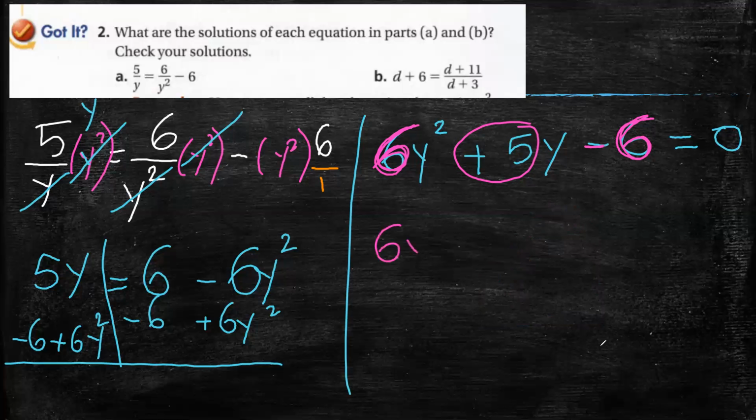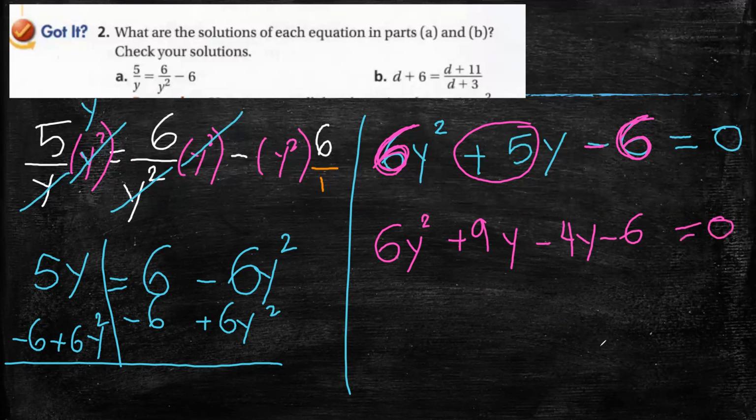So 6y squared plus 9y minus 4y minus 6 equals 0. Teacher, it is 5y, so should it be negative 9 and positive 4?